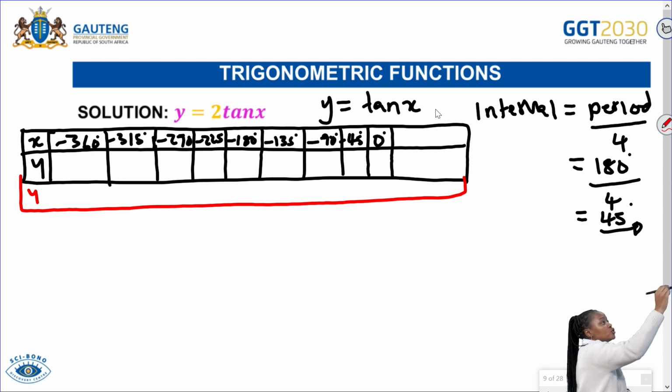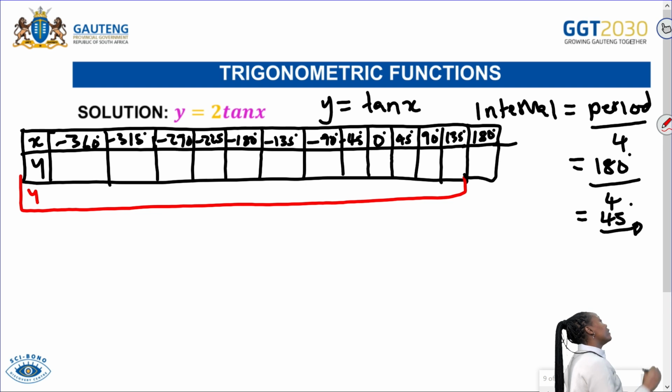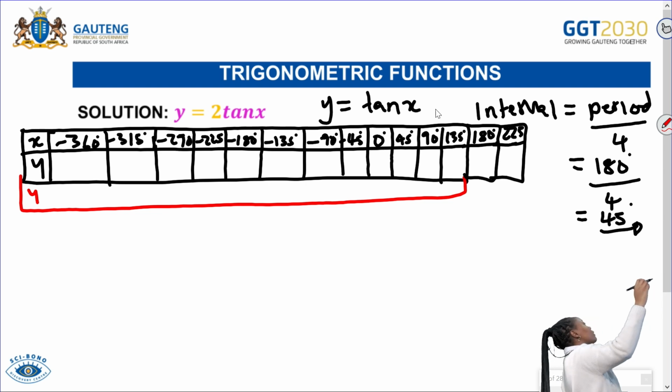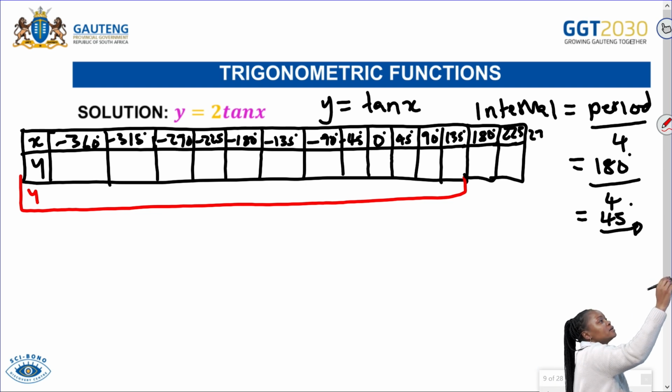Okay. So I still have 45 degrees, I have 90 degrees, I have 135, I have 180, I have 225, I have 270, then I have 315.